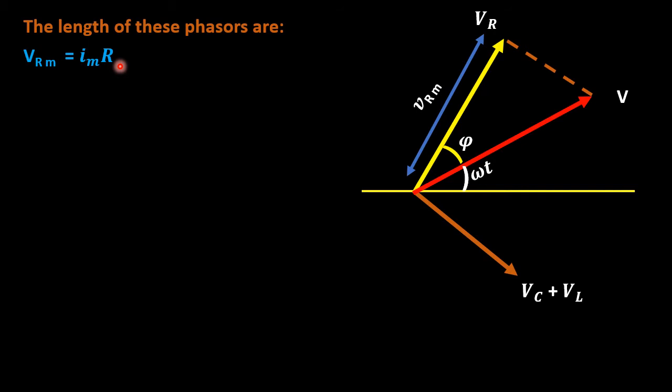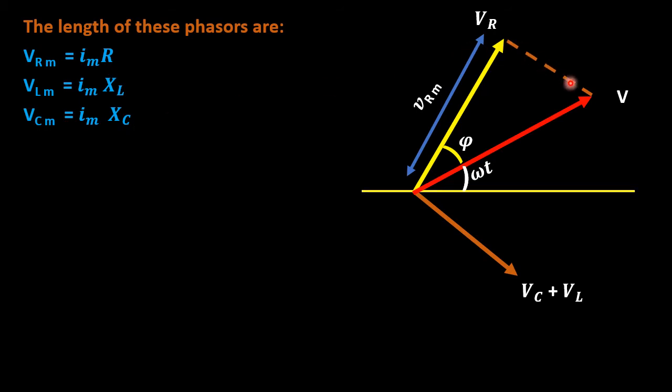Similarly, the length of phasor VL is given by VLM equals Im into XL, where XL is the inductive reactance, and similarly the length of phasor VC is given by VCM equals Im into XC, where XC is the capacitive reactance.